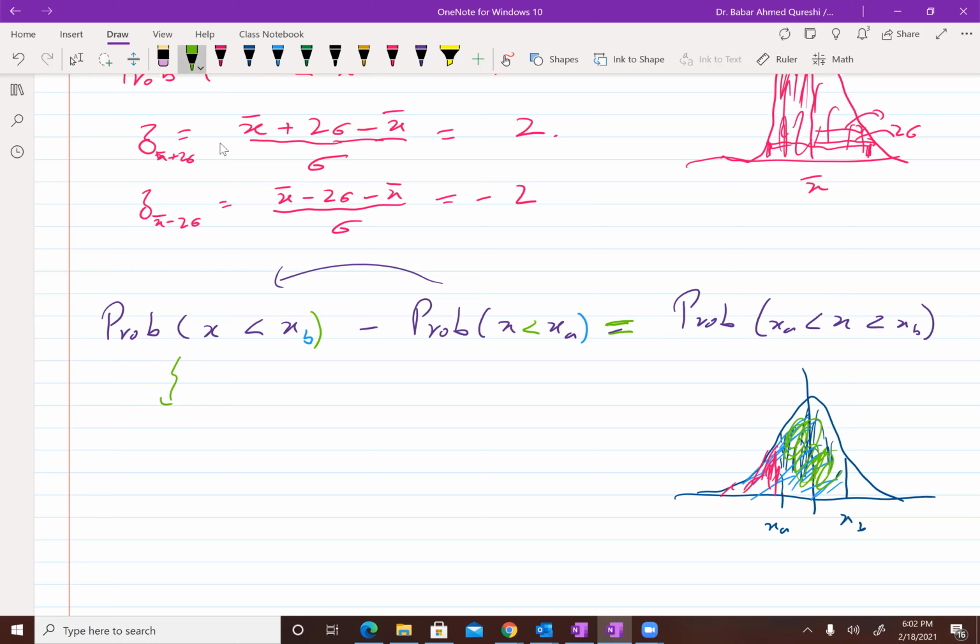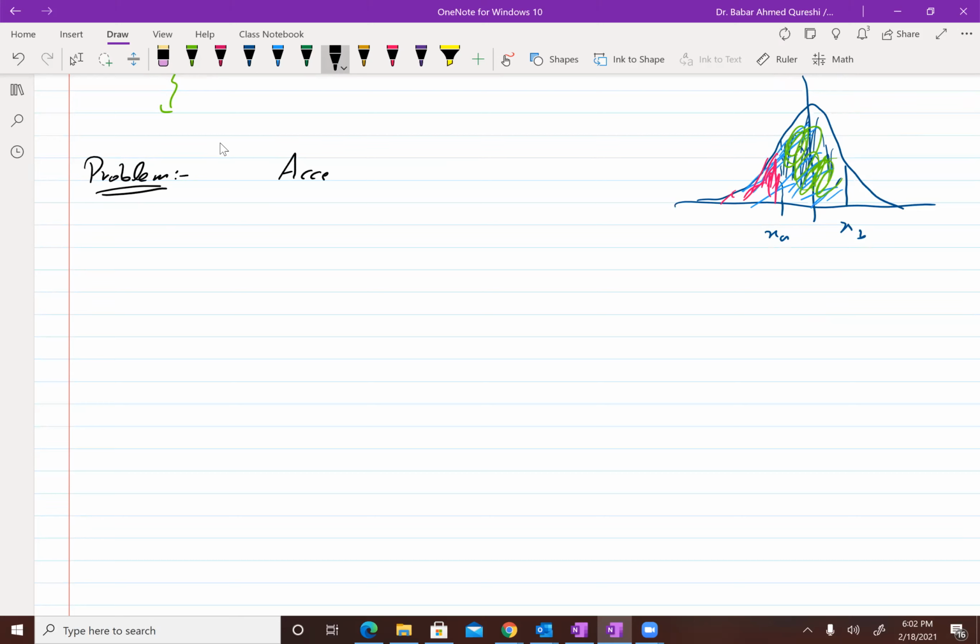So this is your problem, and it introduces a new concept called acceptance level. It's not very new, it's just a use of the central limit theorem, that we expect the means of samples to follow a normal probability distribution.